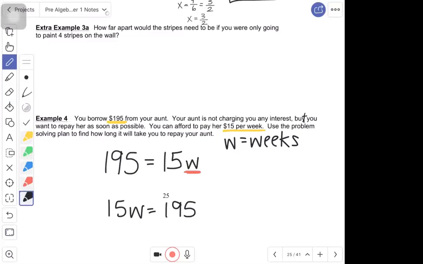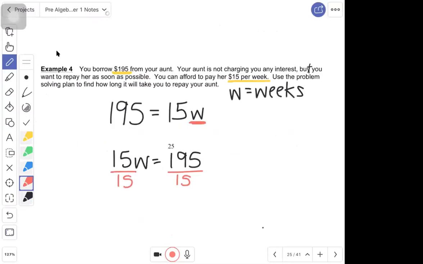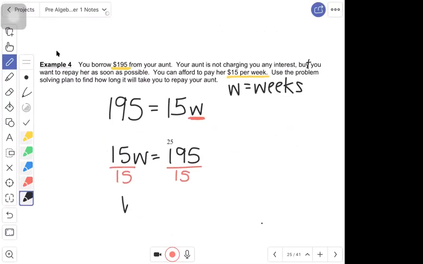So now to solve for W, what's left we have to do? Divide by 15. Nice. We're going to divide by 15 on both sides. And can someone tell me what 195 divided by 15 is? 13.